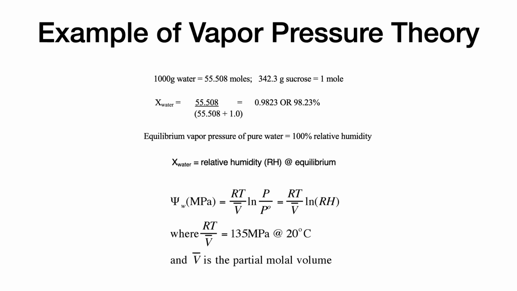We know that RT divided by the partial mole volume is equal to 135 megapascals at 20 degrees centigrade. It's possible in the future I may give you an example to calculate out, and if I did, it would be at this 20 degrees centigrade. So all you need to know is the 135 megapascals for RT over the partial mole volume.